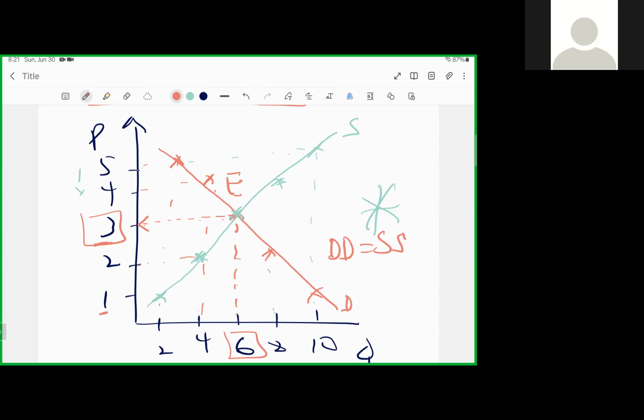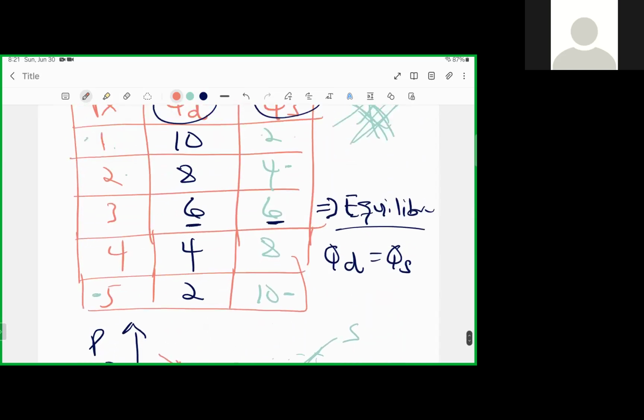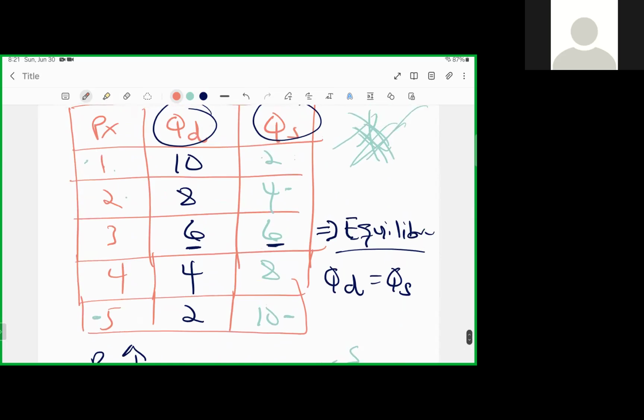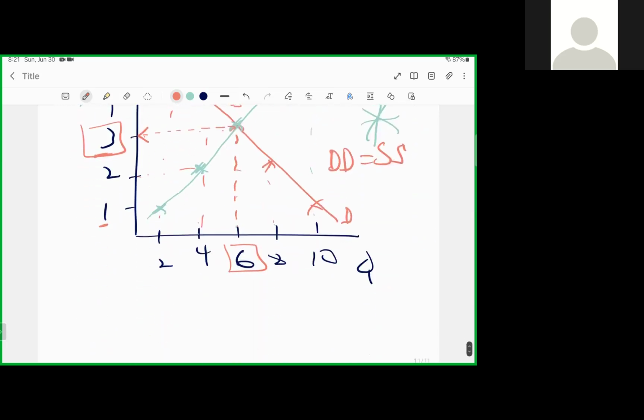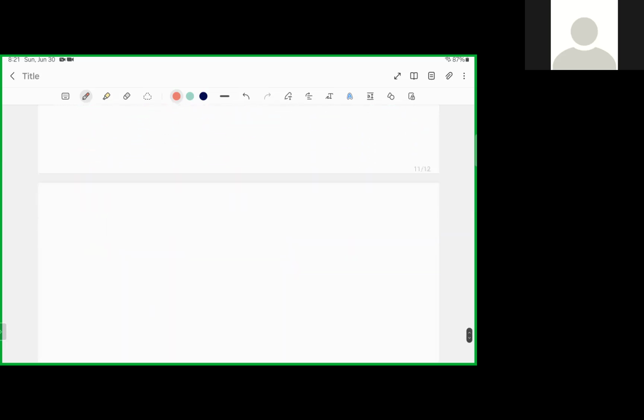Now let's look at a situation where you don't have it as simple as this, which I know you will not have. In this particular situation, if we say this is our demand curve, remember we said we have demand as a function of so many factors. So let's say demand is a function of only price.